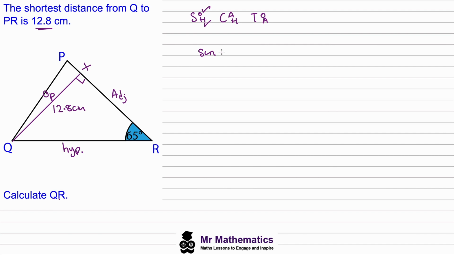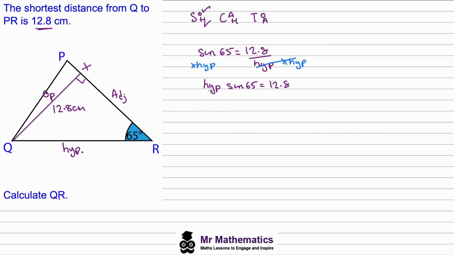So the sine of the angle 65 will be the opposite length, 12.8, over the hypotenuse length, which we're trying to find. So to work out this hypotenuse length, we need to move it to the right hand side to get rid of this division. So if we multiply both sides by the hypotenuse length, then these two will cancel, and we'll have the hypotenuse multiplied by the sine of 65 will equal 12.8.